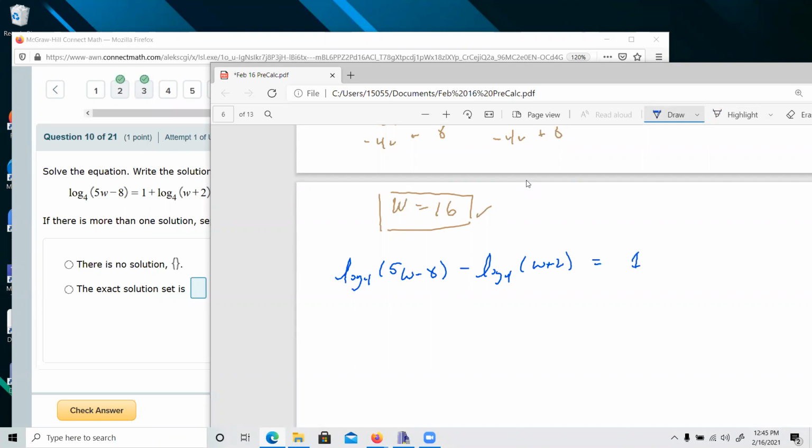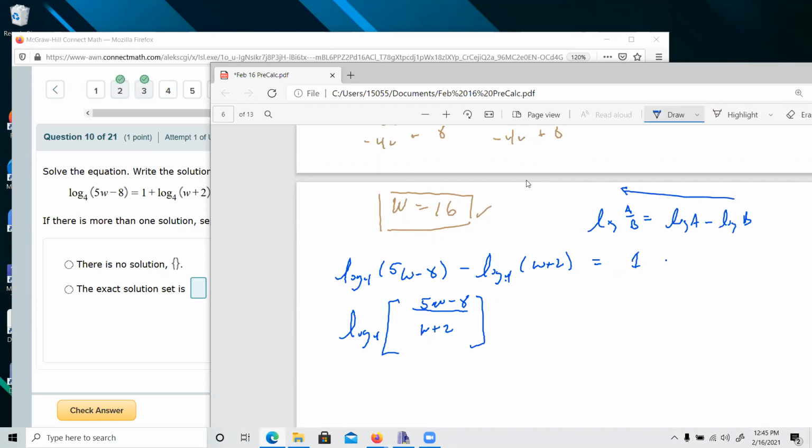All I did is push the log over to the other side. Now we're going to have log base 4 of 5w minus 8 over w plus 2, because you have a rule that says the log of a over b is equal to the log of a minus the log of b. And again, it works in both directions.